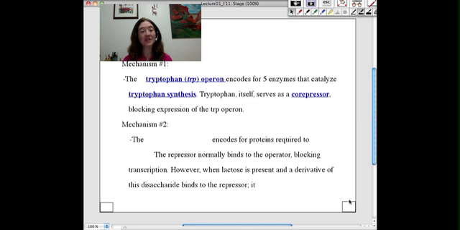Mechanism 2 is the opposite, where the effector molecule serves as an inducer. And a good operon to study that on is the lac operon. So on that operon, rather than 5 genes, there are 3. But likewise, there is an operator. So downstream of the promoter, we see an operator that I'm just labeling O, and then 3 downstream genes.